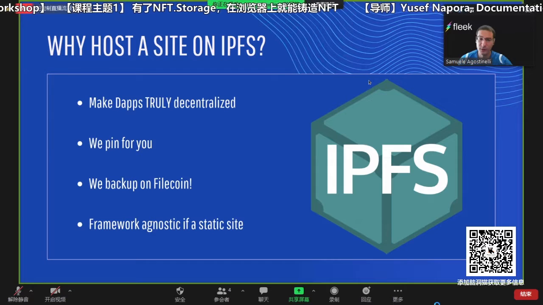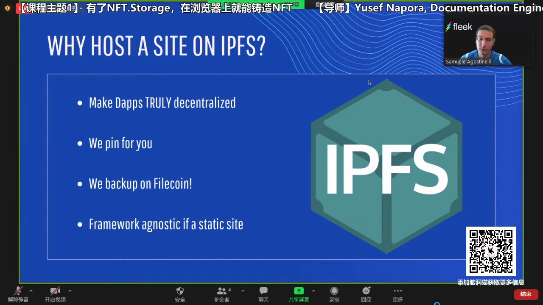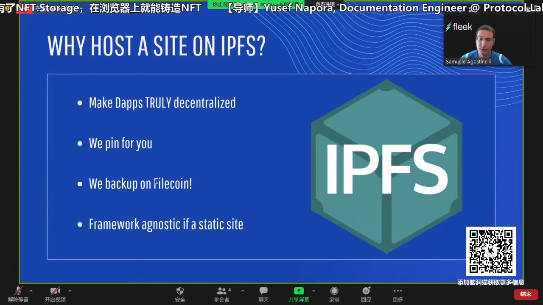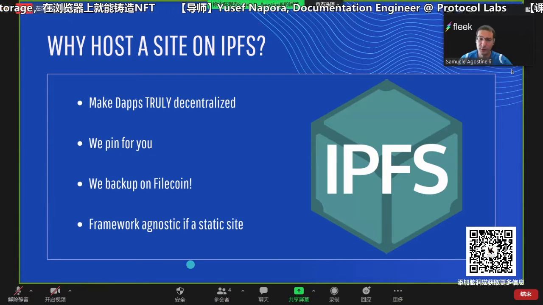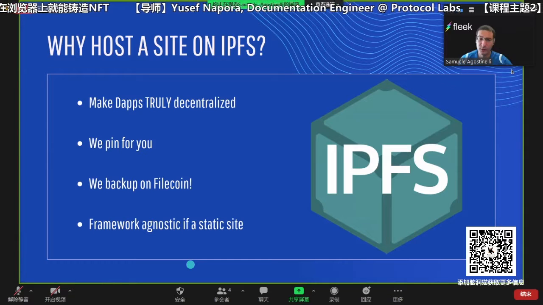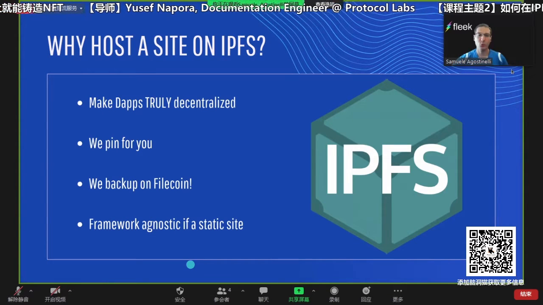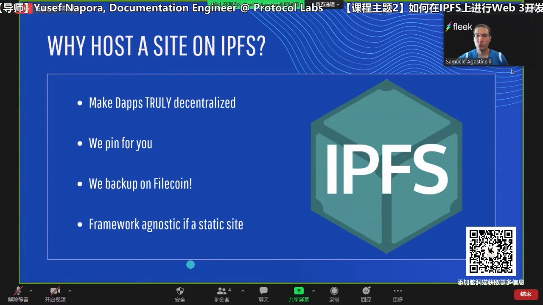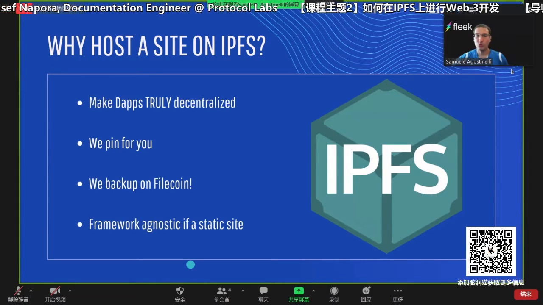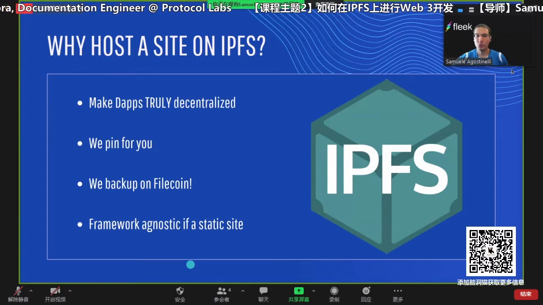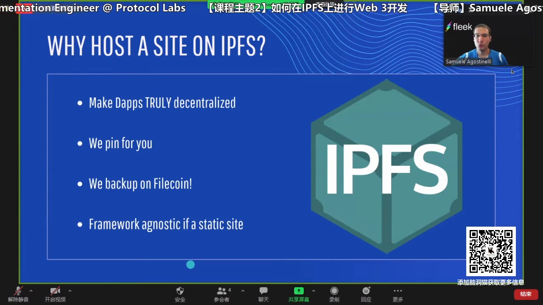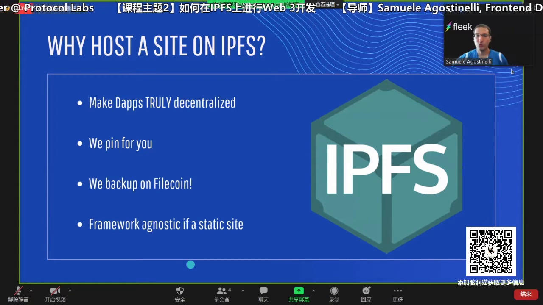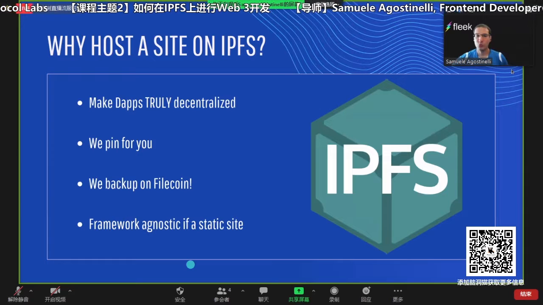So just to talk quickly about what kind of site can I deploy on Fleek? I say first framework agnostic, because we don't really care what framework you're using. You can pretty much deploy anything if it is a static site, which means, if you understand, IPFS is a file system. So when you go to a site on IPFS, you fetch the files from the network.